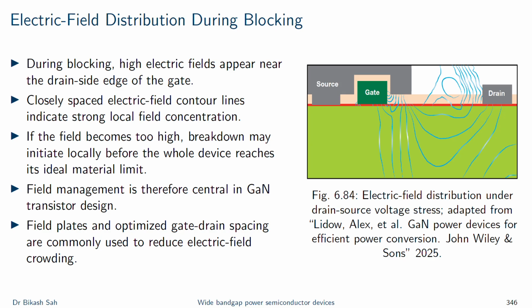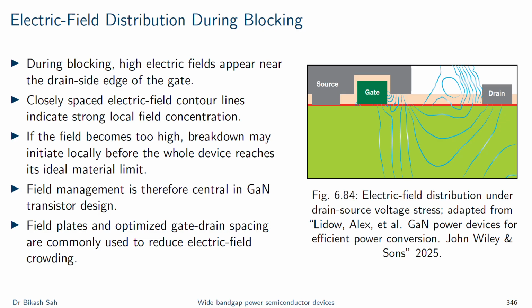This diagram basically shows why electric field distribution matters. If you look at it, during blocking, the high electric field often appears near the drain-side edge of the gate. If the electric field contour lines are close together, the local field is high. Breakdown begins at the weakest local point, not necessarily when the average field reaches the theoretical material limit.